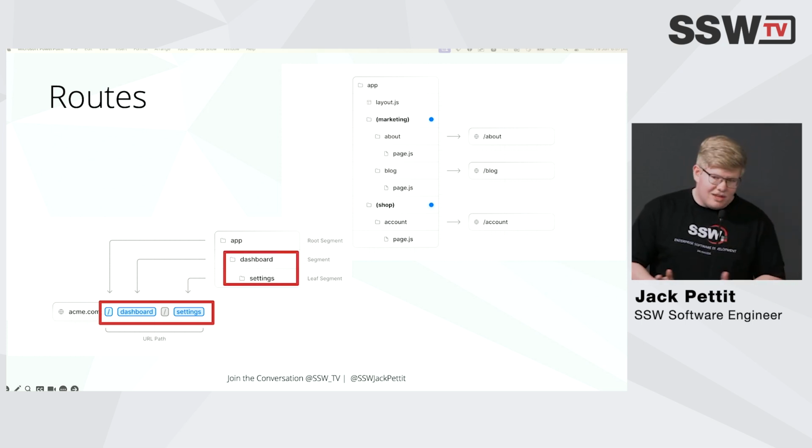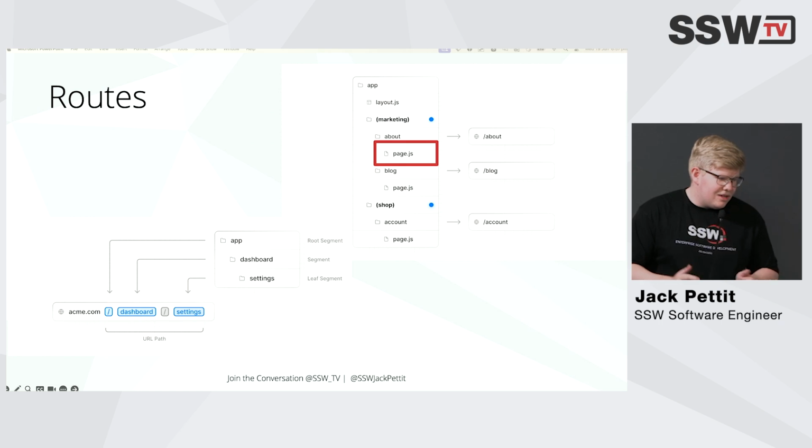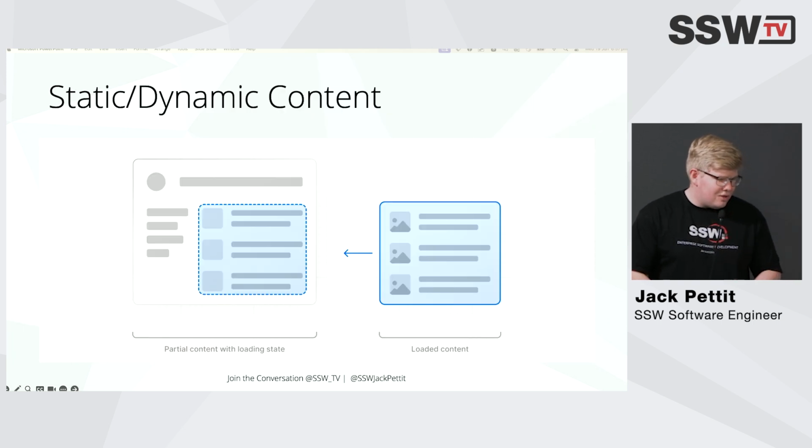Well, that maps exactly to your folder structure. So in this app router, you've got a dashboard, you've got a settings, and then for what's actually shown on the website, you've got these file conventions, and we've got this page. And that's actually what's shown. So that's cool. We've got folder-based routing. Okay, other things can do that.